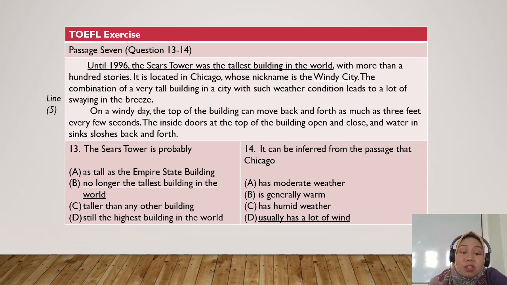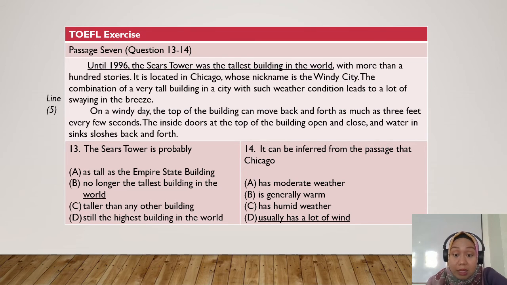Nice. The Sears Tower is probably here. In the passage we read until 1996, the Sears Tower was the tallest building in the world. So the Sears Tower is probably no longer the tallest building in the world.